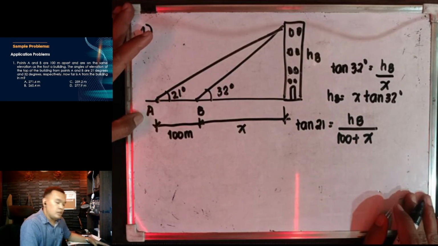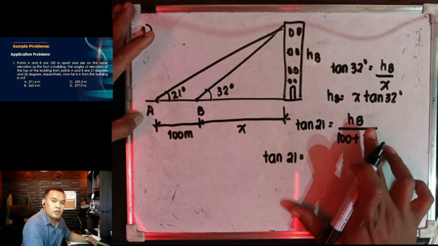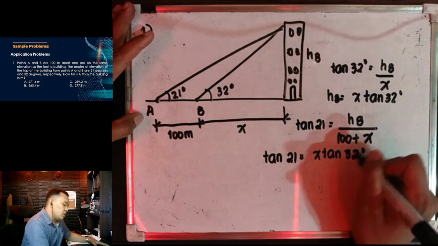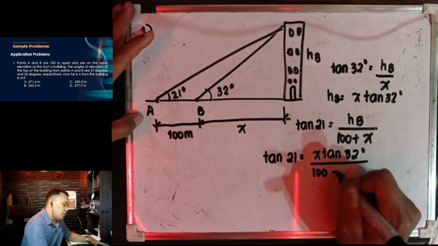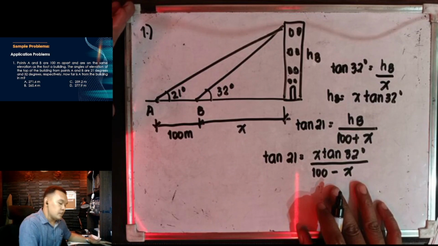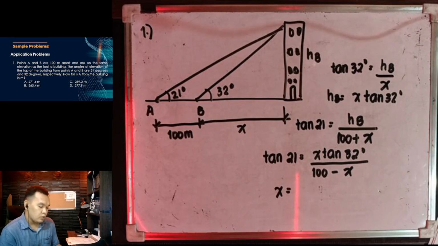So we could say that tangent 21 is equivalent, HB is equivalent kay x tangent 32, so x tangent 32 degrees all over 100 plus x. Then, pwede na tayo mag-shift solve. Makukumpute na natin yung value ni x. Kung hindi kayo sanay, transpose nyo na lang. Tangent 21 is equivalent kay x tangent 32 all over 100 plus x.